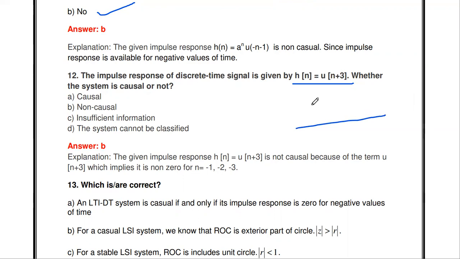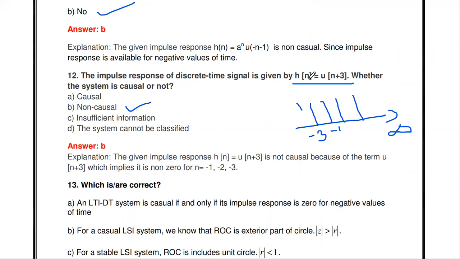So u of n plus 3 has amplitude 1, 1, 1 from minus 3 to infinity. So this impulse response is available on the negative time axis. That is why this system is non-causal. What is the condition to check whether the system is causal?